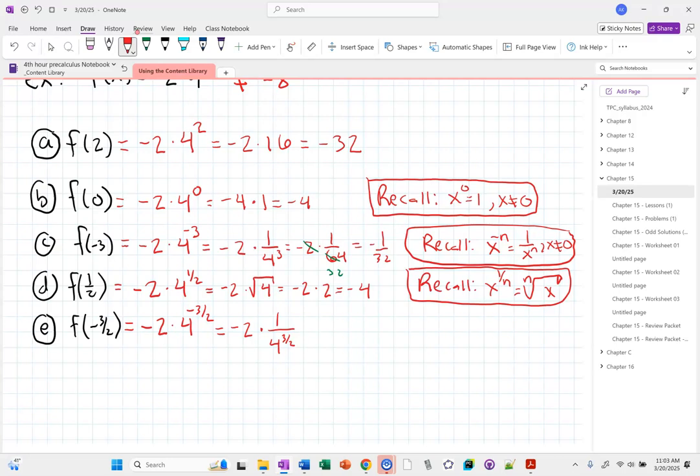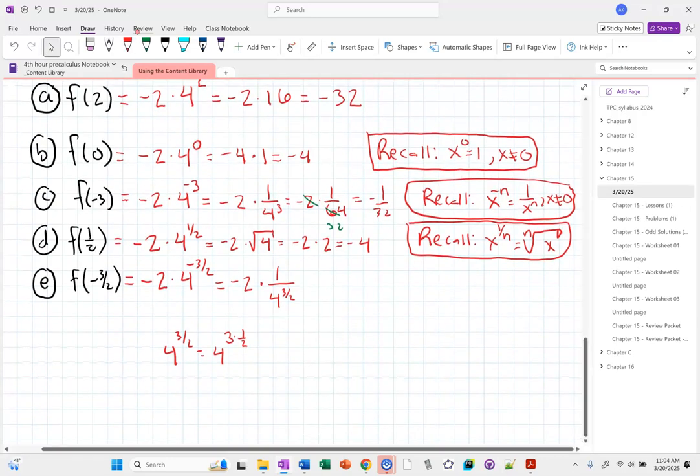So far, so good. But how do I do 4 to the 3 halves there? What I want to do is think about 3 halves as 3 times 1/2, because I remember there's a property for exponents.